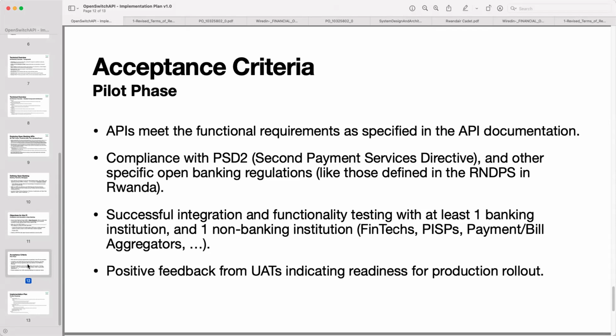So obviously these APIs will have to meet the functional requirements as specified in the API documentation that we'll be coming up with, inspired by the open banking project, most likely.